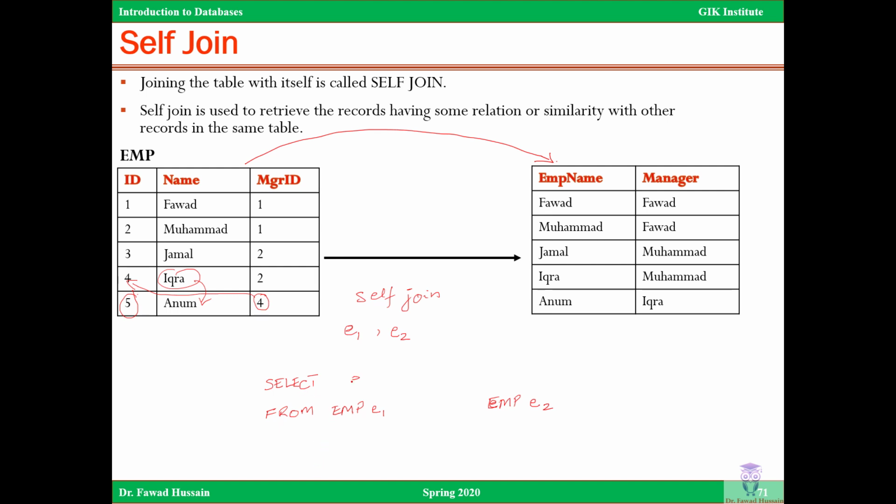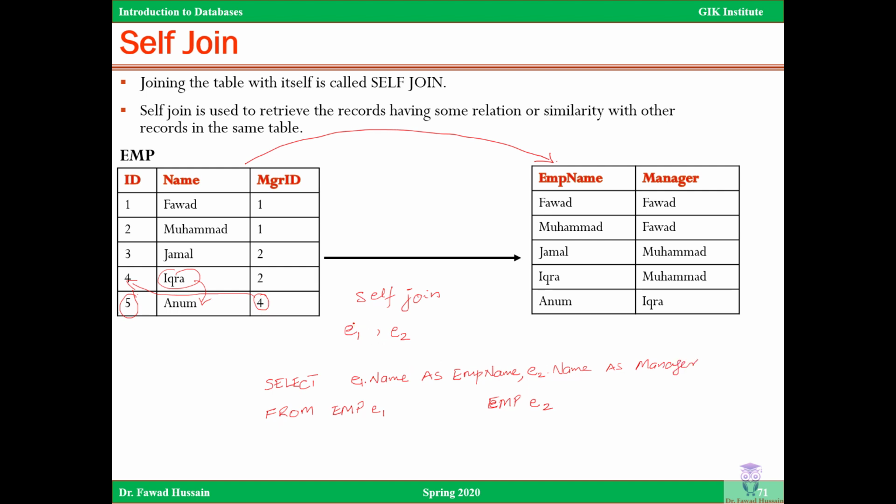So select E1 dot name, and that name for the first part is the employee name, so I'm just going to give it an alias. So E1 dot name as employee name, and then E2 dot name as manager.